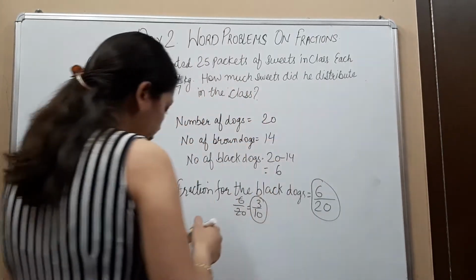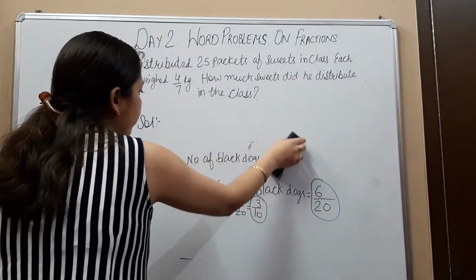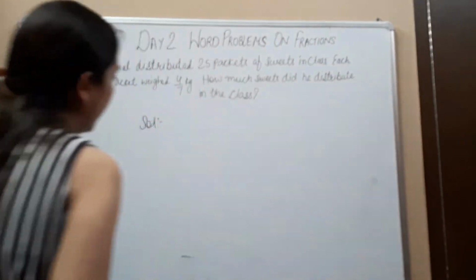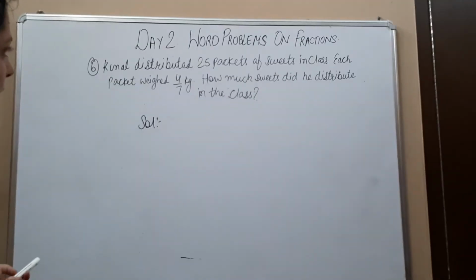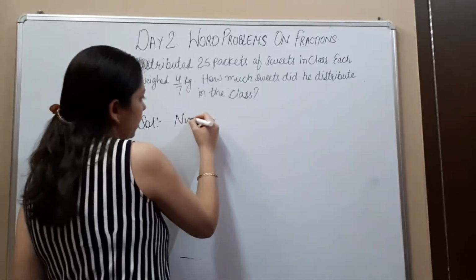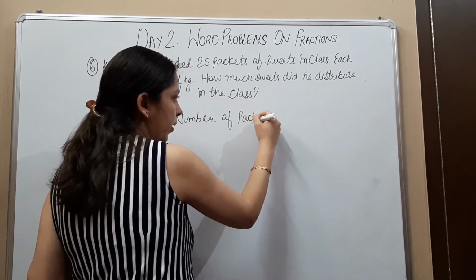So yes, we have been given the weight of one packet and we have to find the weight of 25 packets. As I told you, when we are given a small number of things and we have to find the value for large numbers, then we will multiply in that case. Okay. So number of packets is equal to 25.